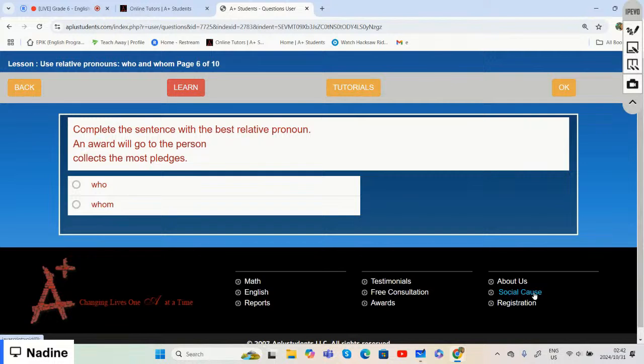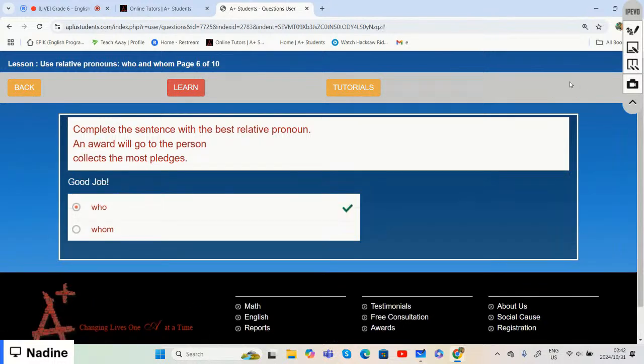And if we were to choose the correct option, we will say an award will go to the person who collects the most badges. So who?